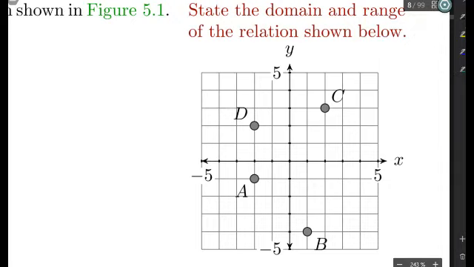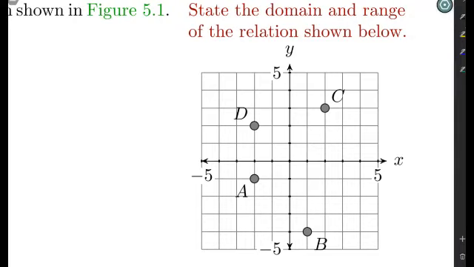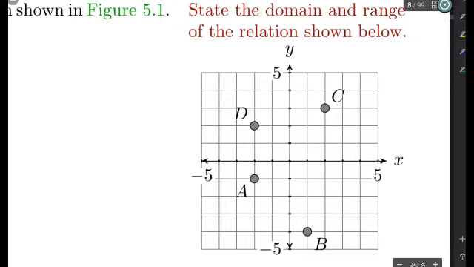Let's start with point A. We have unit scaling, looking at the 5s on the axes. A is (-2, -1).